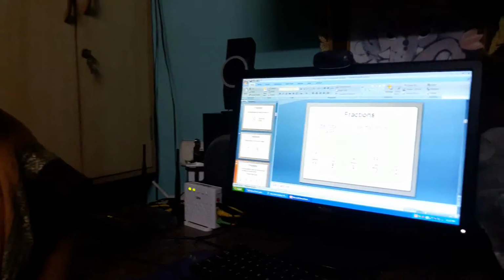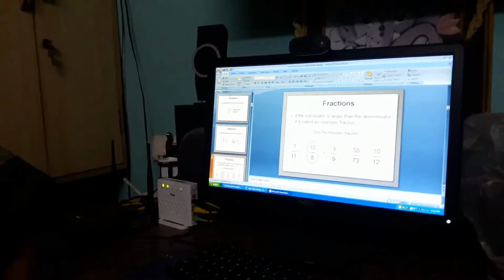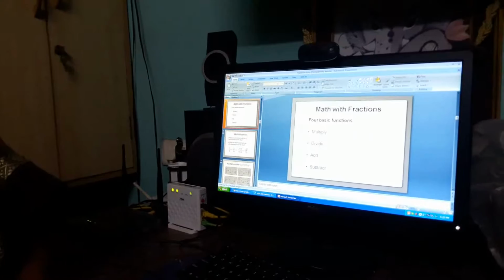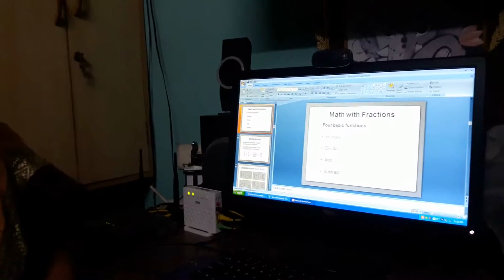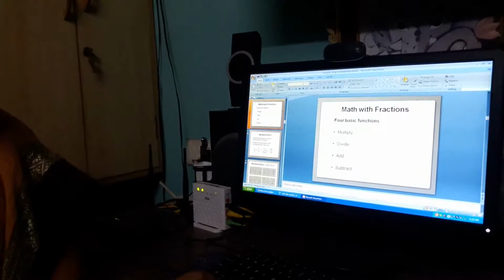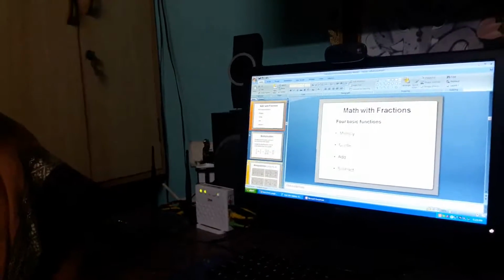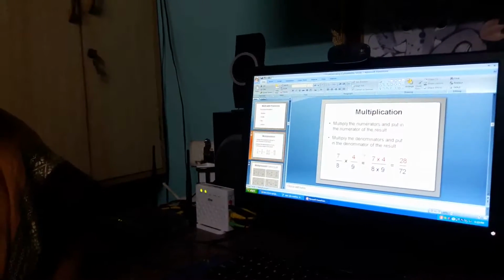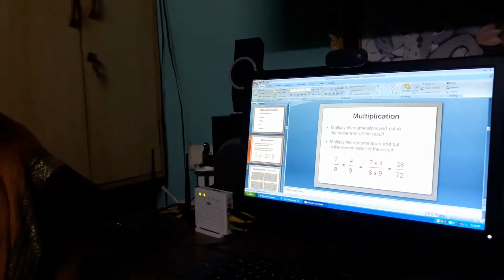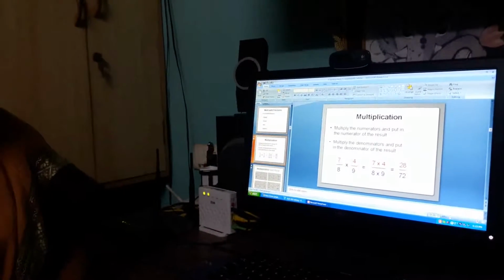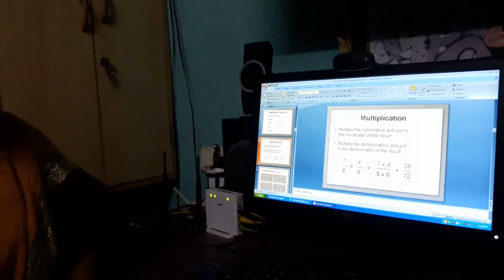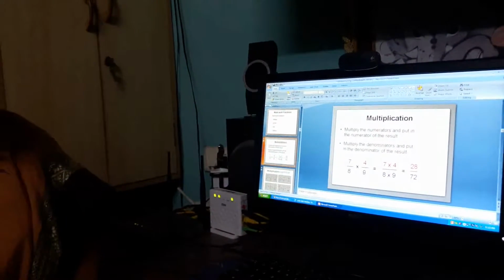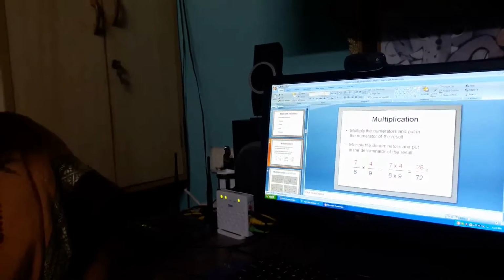And with these fractional numbers, we can perform all the basic operations of mathematics, that is multiply, divide, add and subtract. As simple as that. Suppose we have to multiply: in multiplication, we just multiply the numerator with the numerator and the denominator with the denominator, and put the result in the form of a fractional number.